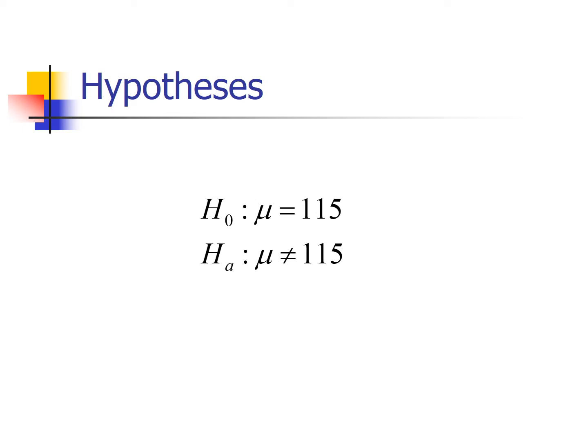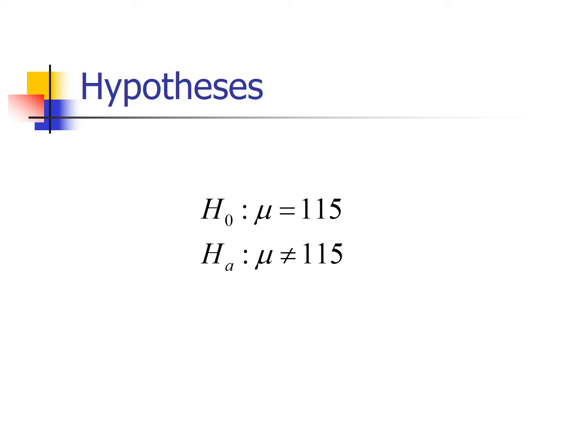So our alternative hypothesis is going to be that mu, the average blood pressure for all patients, is not equal to 115. The null hypothesis, always a statement of equality. In that case, it's that the overall group of patients is healthy, that their average blood pressure is what it should be, which is 115.